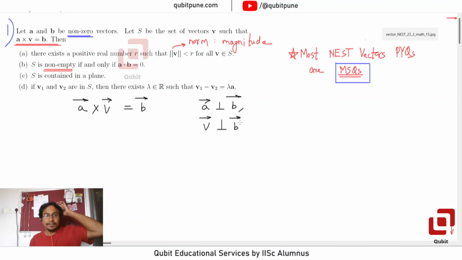Please raise your hands if you understand this. Okay, A bar is perpendicular to B bar and V bar is perpendicular to B bar. And what is the second conclusion that we can draw? Magnitude of A bar, magnitude of V bar into sine of the angle between them, which can be from 0 to 180 degrees, equal to magnitude of B bar.